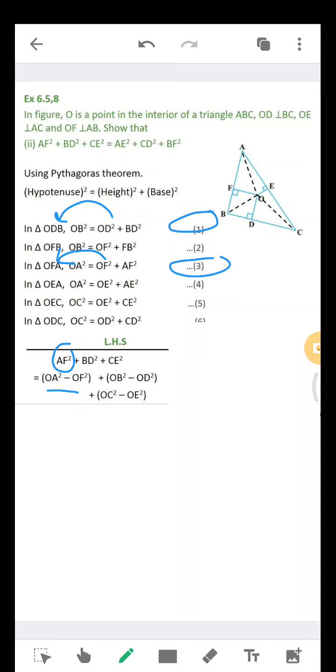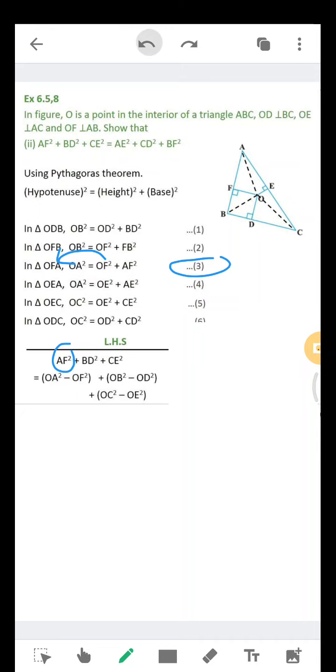The last is CE. CE is in the 5th equation. So CE square is equal to OE square minus OC square. So by transposing we get the different values for AF, BD and CE.